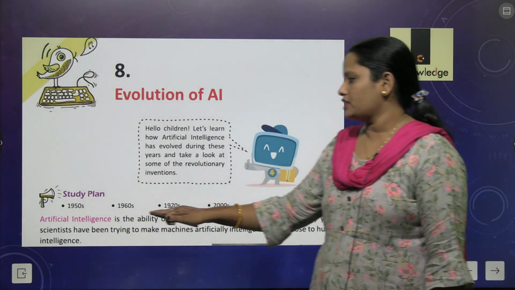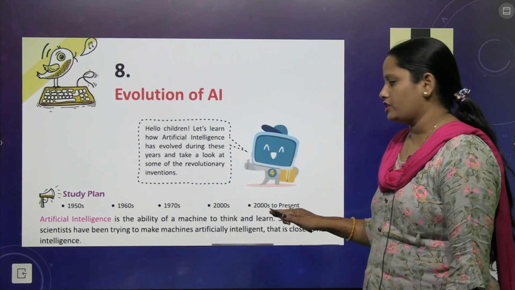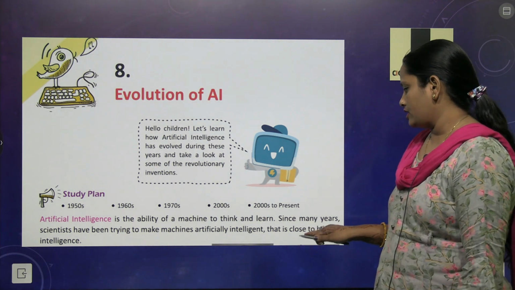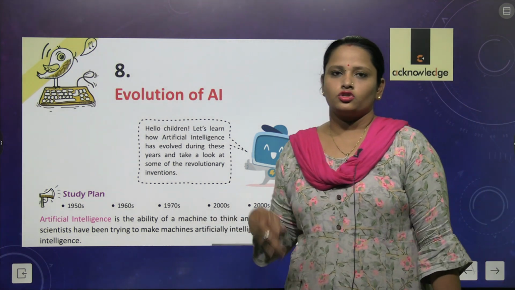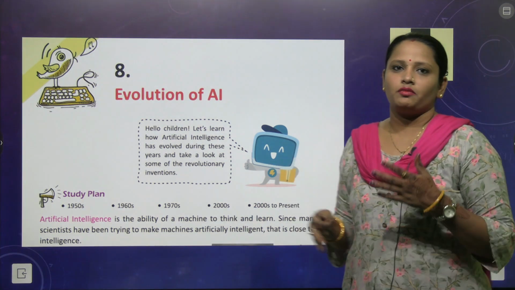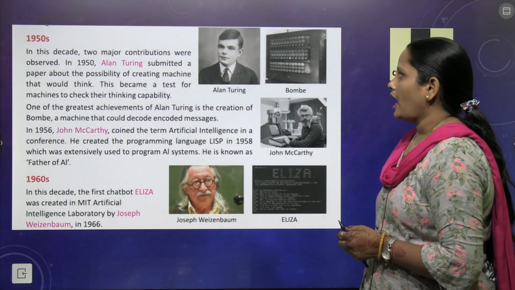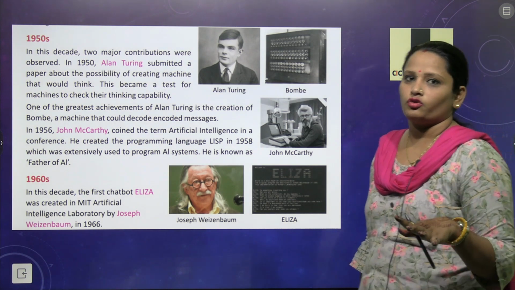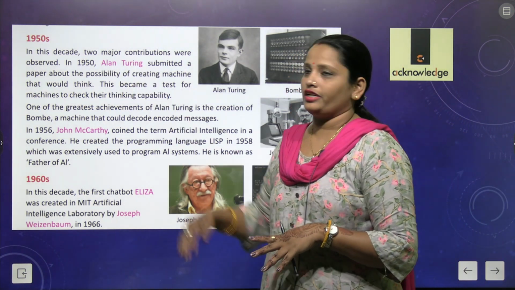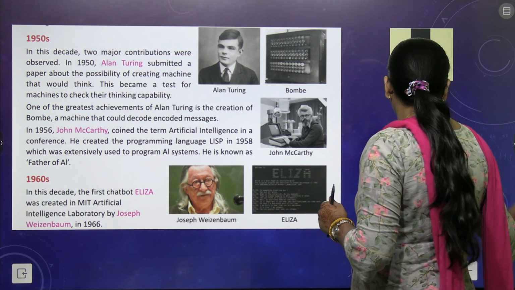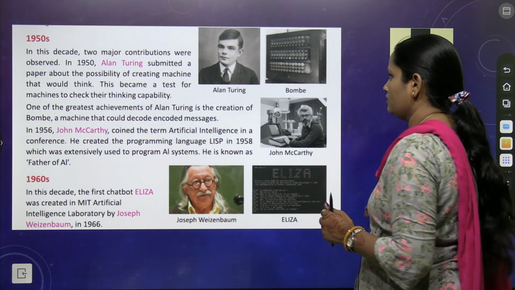Since many years, scientists have been trying to make machines artificially intelligent, that is close to human intelligence. So, scientists are making machines that can take over humans and can take the place of humans. So in the 1950s, how it happened, what all was done, we are going to read.